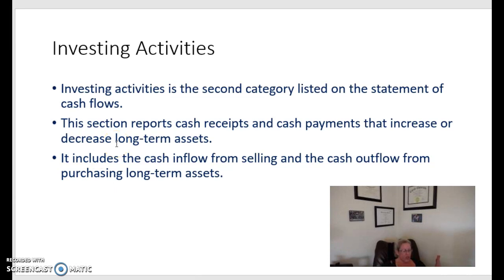Or say you purchase new equipment to make your widgets. Those are long-term assets. You expect that equipment to help you produce revenue for a long, long time. And you have invested in that piece of equipment.